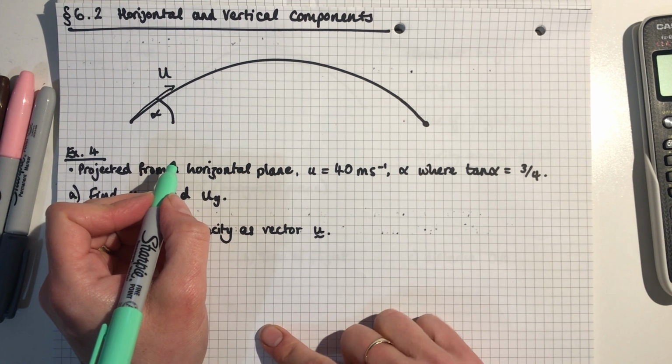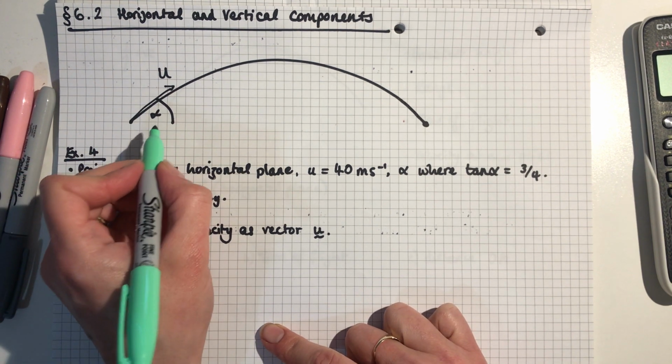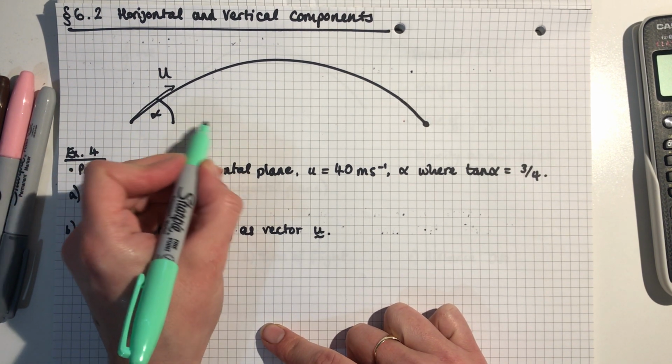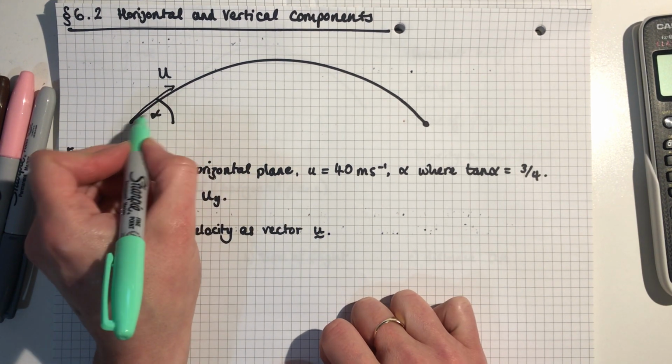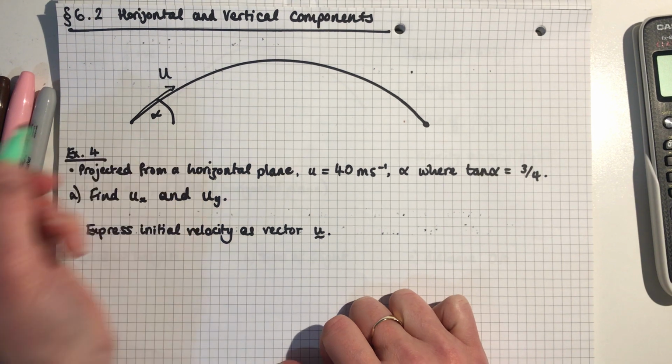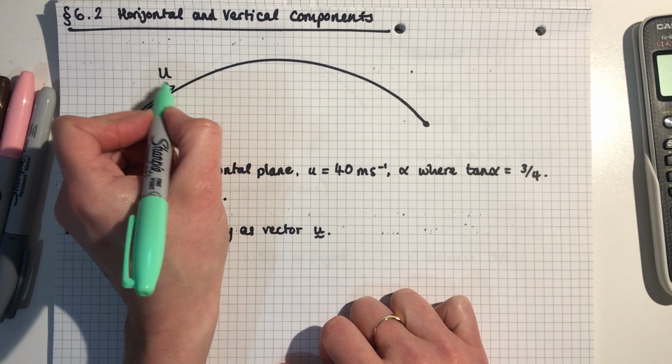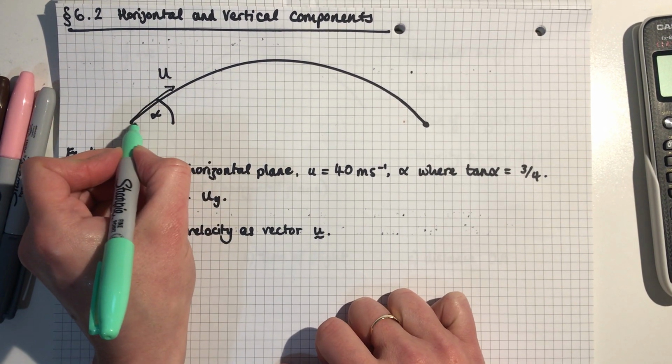Now, in the last video, in a set of examples, we looked at throwing something horizontally or projecting it horizontally. So the only difference now is that our angle of projection is not 0. So we're still projecting at a speed, whatever that may be. I've called it capital U here.